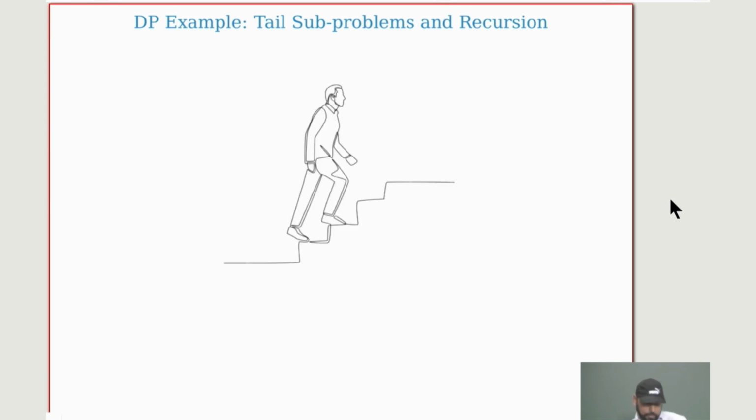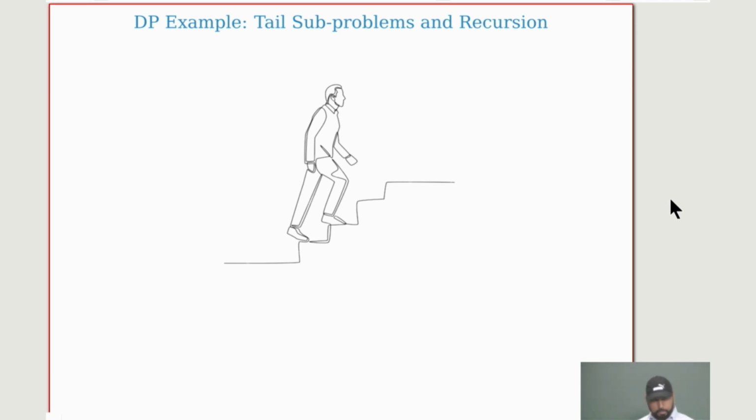A nice problem to think about this is the following. There is a person who wants to climb the stairs, but there is a rule that he can take one step at a time or two steps at a time.